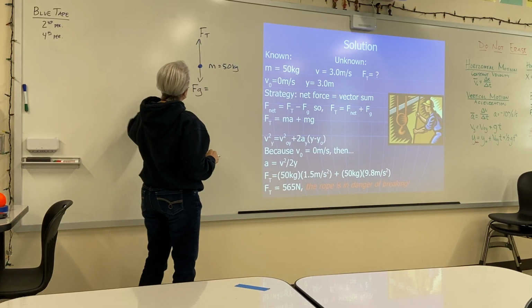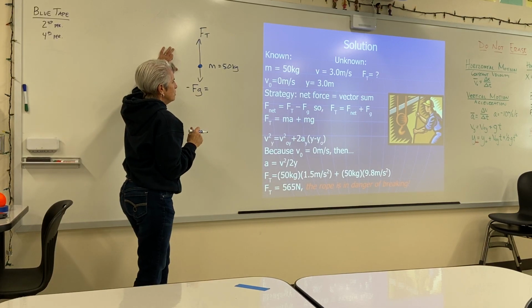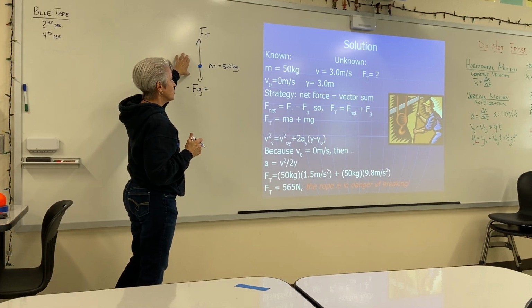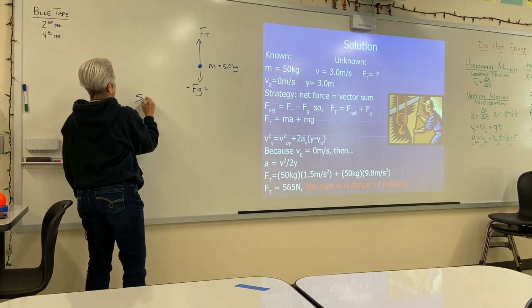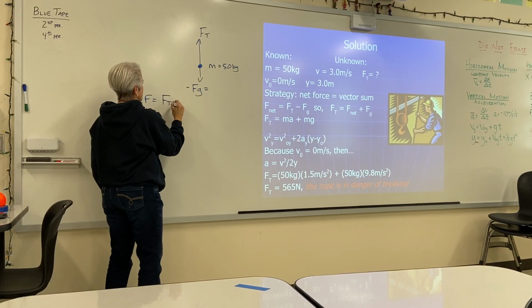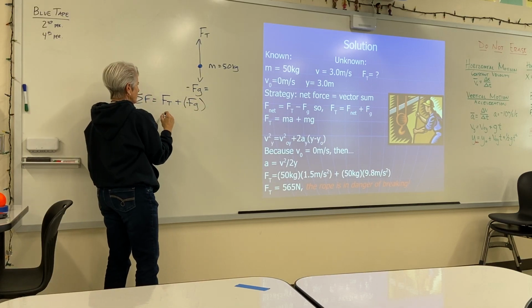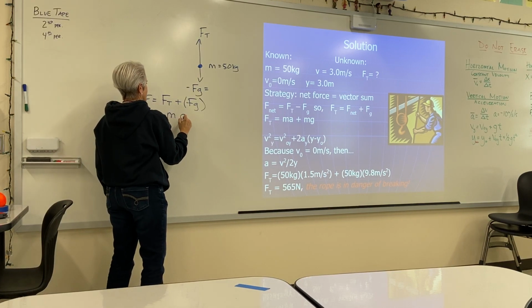But in order to try to accelerate this up, we want to use a strategy of finding the net force, which is the sum of these vectors, and then solving for acceleration. So remember, net force is going to be the sum of the vectors. So it's the tension force plus the gravity force, but this is negative, so I have to subtract this, right? But I also know that the net force will always cause a mass to accelerate.